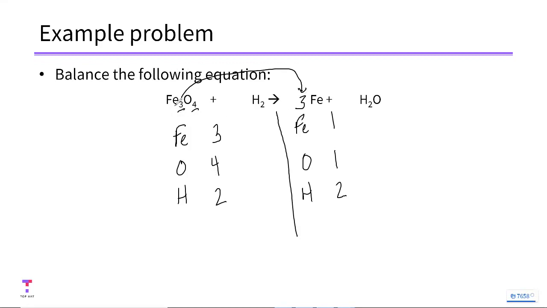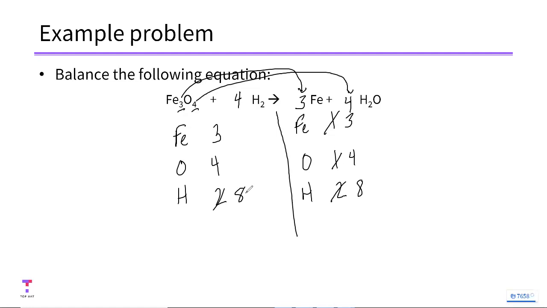The 3 subscript on the iron oxide can be used to make a coefficient on the iron. The 4 subscript on the iron oxide can be used as the coefficient for water. That's going to square up the iron and square up the oxygen, but it is going to throw the hydrogen out of whack. But luckily, hydrogen is by itself on the reactant side of the equation. So I just need to put a coefficient of 4 there to get it to balance out again.